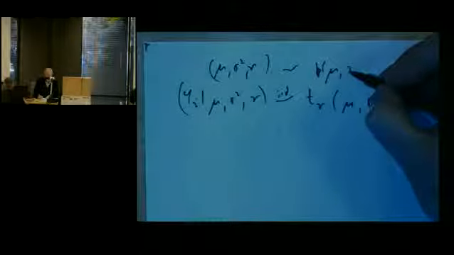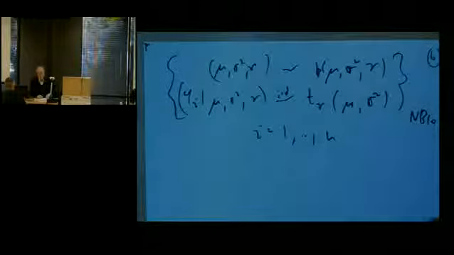And then we have to be able to put a prior on mu and nu and sigma squared, so it's going to have some prior. And that's going to be our sampling model for the NB10 data as i runs from 1 to n, which was 100 in that example.